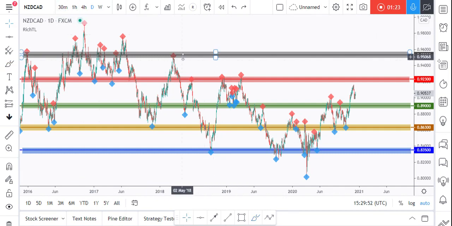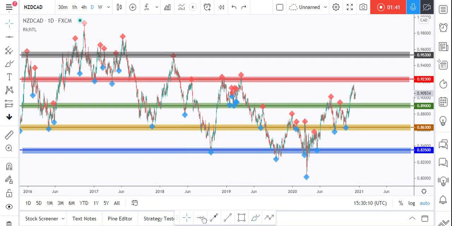I personally use the RichTL indicator that helps me draw my support and resistance in an easy and straightforward way, or what I call rule-based or objective support and resistance without any doubt or second guessing.